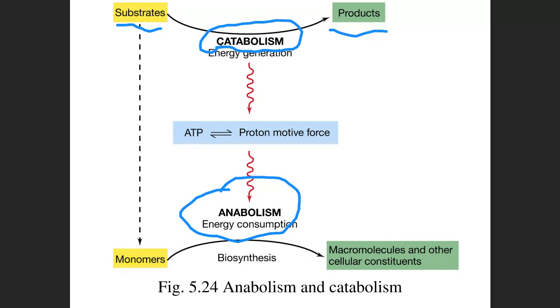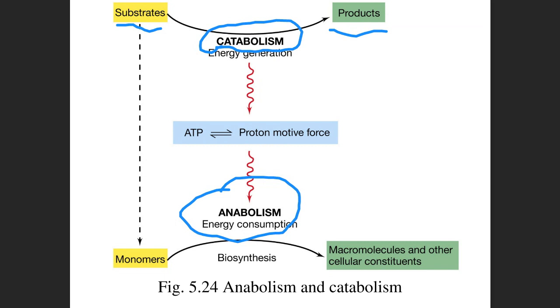catabolized to generate energy. Now, in general, the majority of microbes use this process of generating a proton gradient and the proton motive force, and that's being used to generate ATP. So ATP is, in most cases, not directly generated.